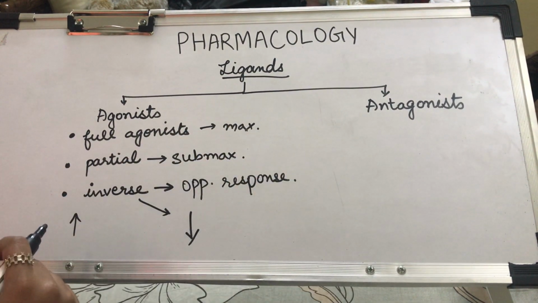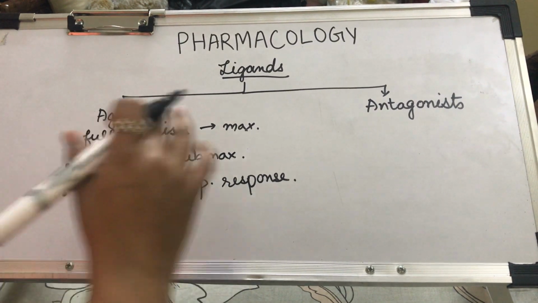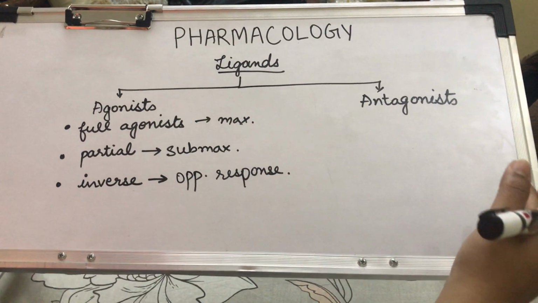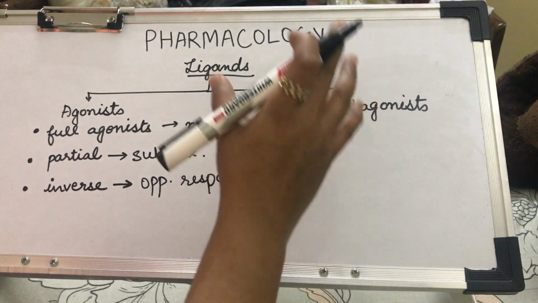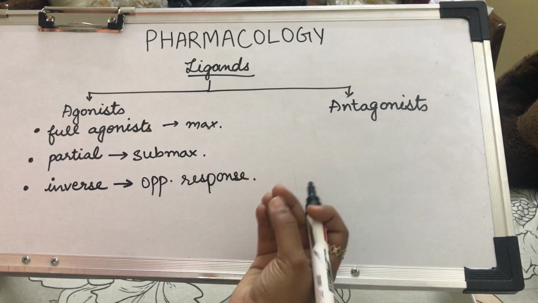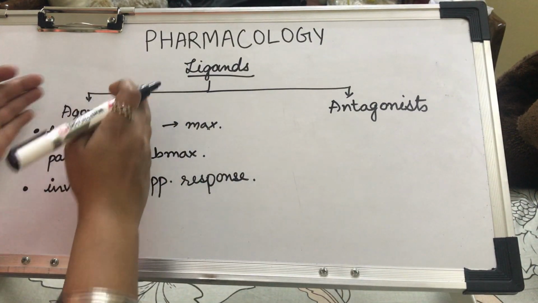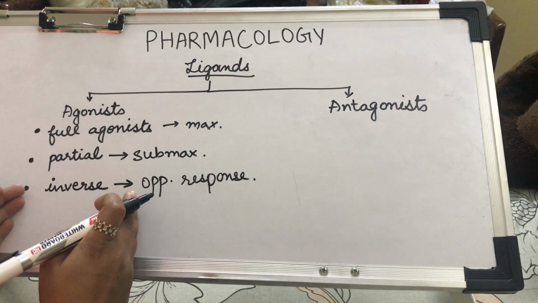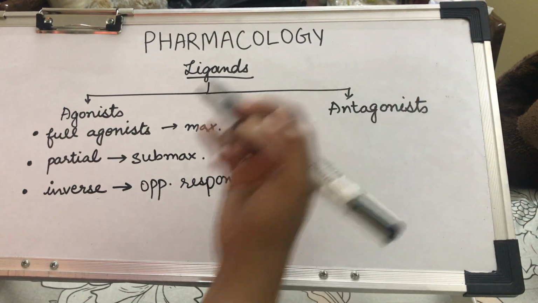That is your inverse agonist. Now, what are antagonists? Antagonists are the substances that bind to the receptor and block the activity of the receptor. Agonists were enhancing the activity and antagonists are blocking the activity of the receptor.